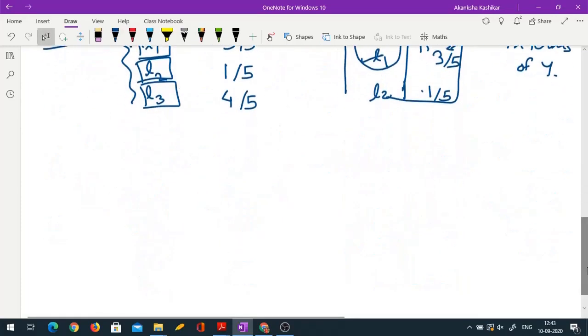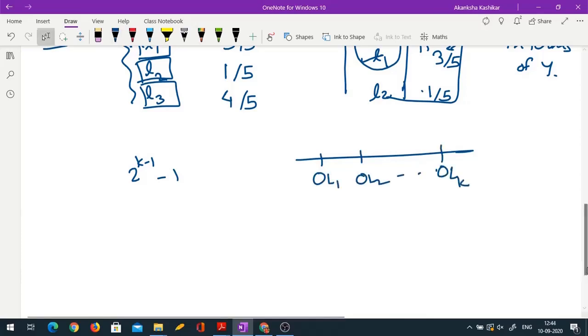In general, initially we said we will have to consider 2 raised to k minus 1, minus 1. But if I order the levels, ordered level 1, ordered level 2, up to ordered level k, then I have to worry about putting my threshold only between each of them. I don't have to worry about other places. So how many choices do I have? Only k minus 1.